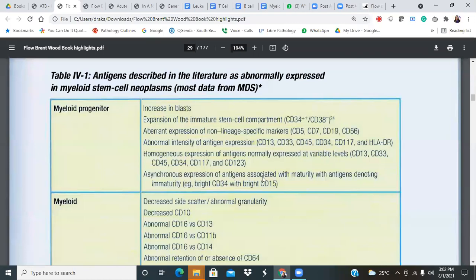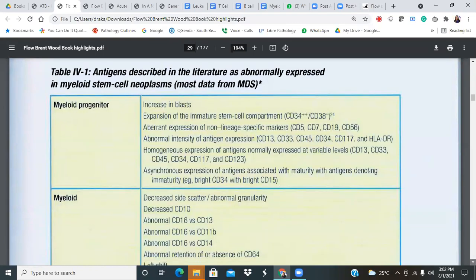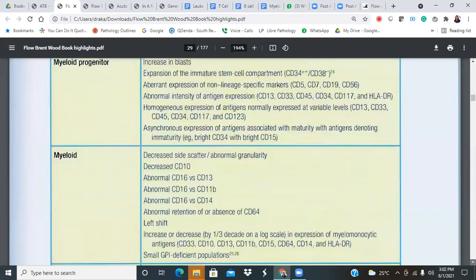Asynchronous expression of antigens associated with maturity with antigens denoting immaturity. So again, the bright CD34 with a bright CD15, that doesn't make sense in our minds. This is an immature marker, this is a mature marker. What the hell? So basically, that's the asynchronous expression.